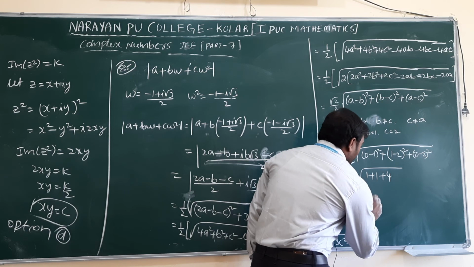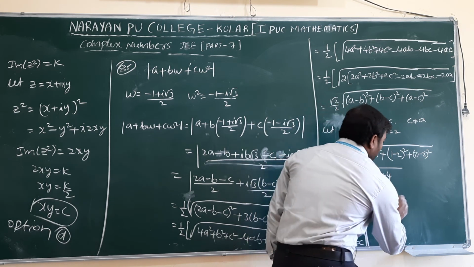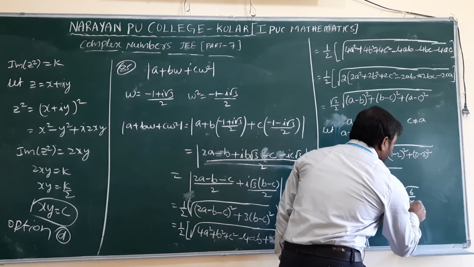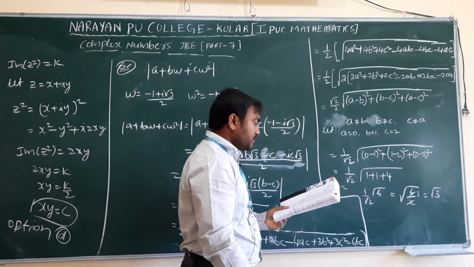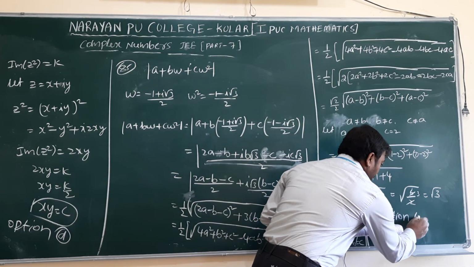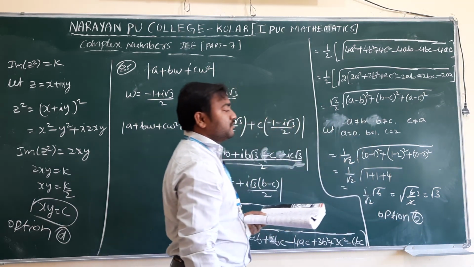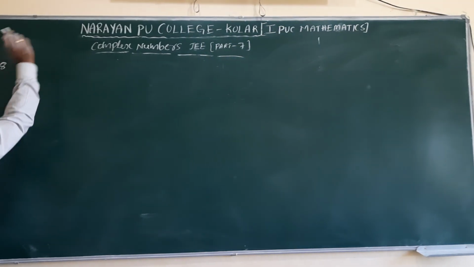So 1/√2 into √6, which can be written as √6/2. Two ones are 2, 3, we are getting square root of 3. Here option B is the correct option. The minimum value should be root 3. Next question number 86.